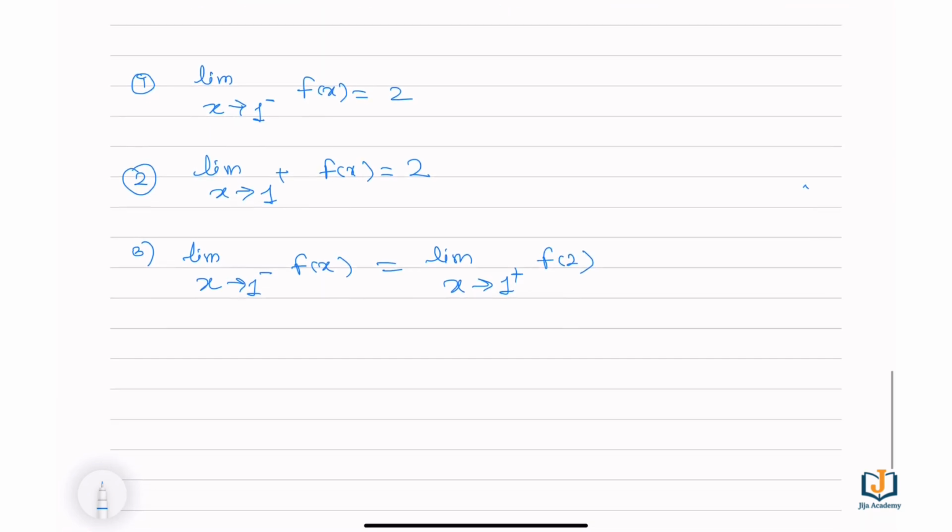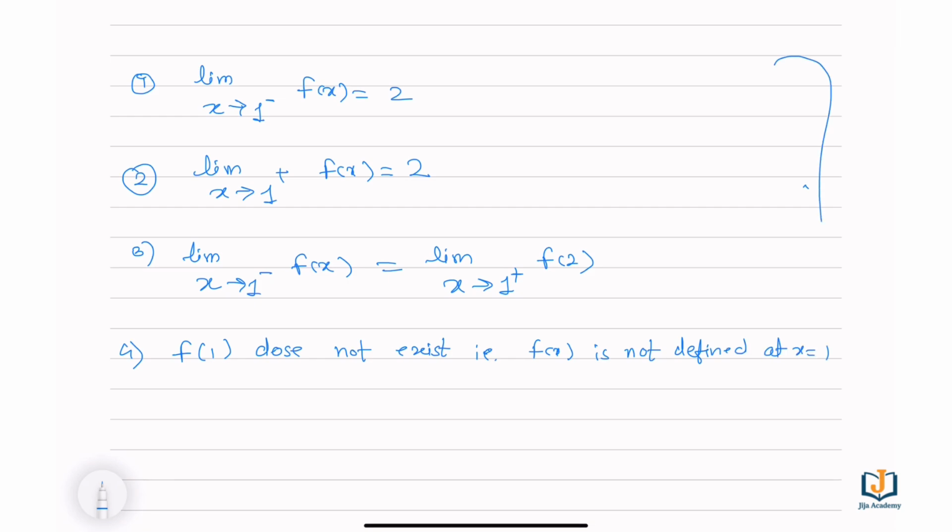And the fourth one is that f of 1 does not exist, that is, f of x is not defined at x is equal to 1. These four are the observations of the problem.